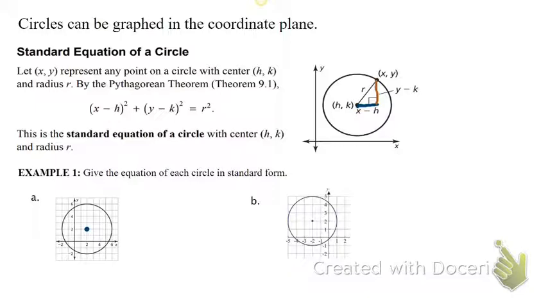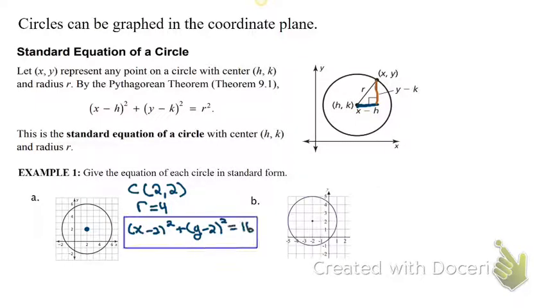So we can count down, so we can maybe just use the line that would go from the center vertically down, and we can see that that would be 4 units, so r squared is 16. All right, there we have our equation.